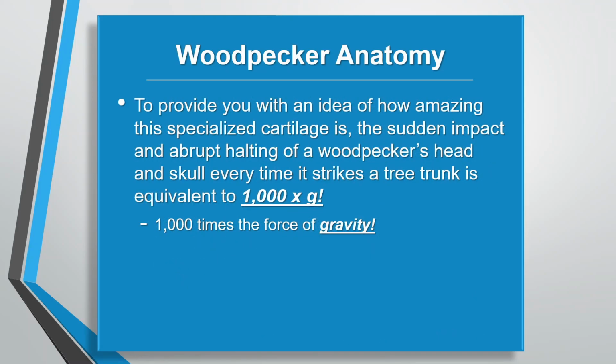And to provide you with some insight as to how amazing this specialized cartilage is, the sudden impact and abrupt halting of a woodpecker's head and skull every time it strikes a tree trunk is equivalent to 1,000 times the force of gravity.